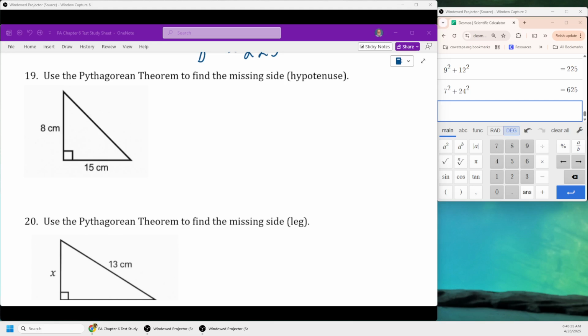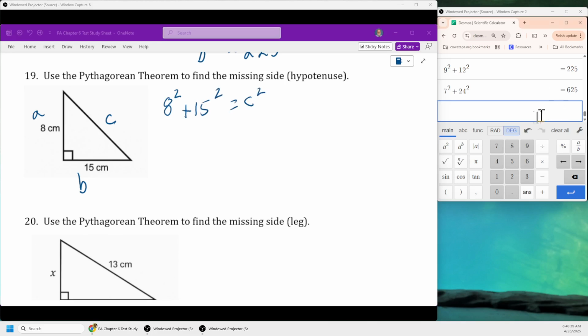Okay. On number 19, what part of this triangle are the 8 and 15? The legs, so that's like A and B. What are we missing? The hypotenuse. So we're going to go 8 squared plus 15 squared is equal to C squared.